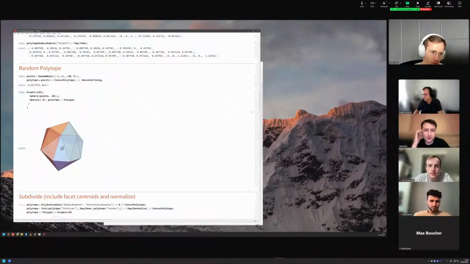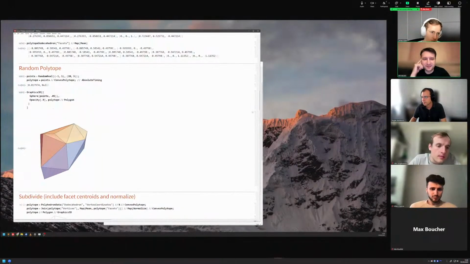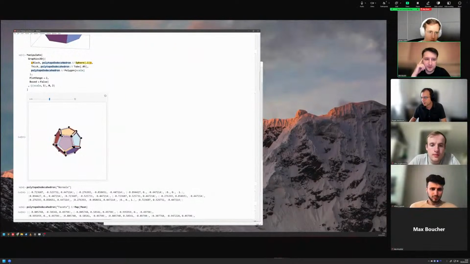Can you turn it back into a polyhedron? No, not as a set of polygons, but an actual polyhedron object. This one, yeah.